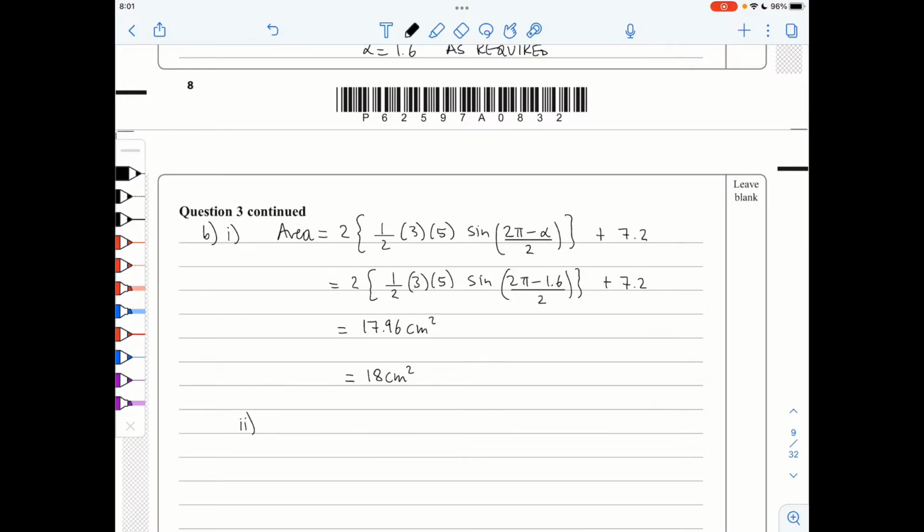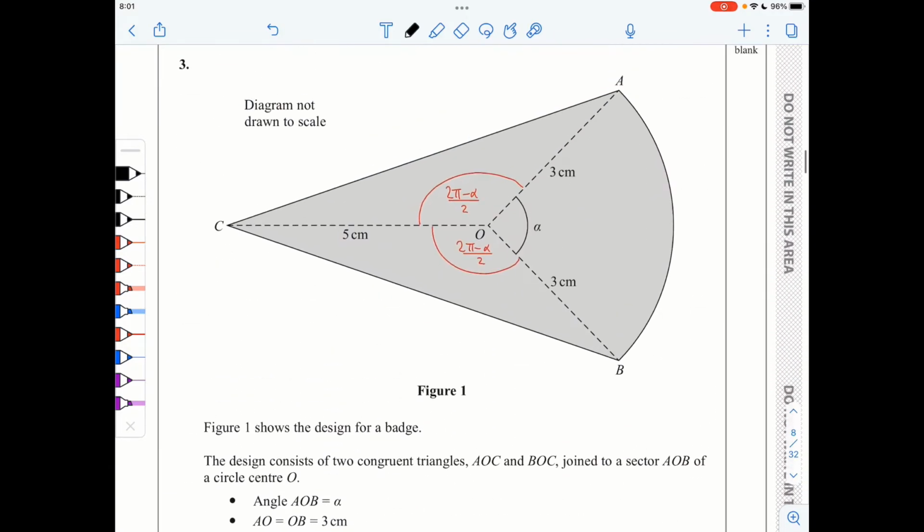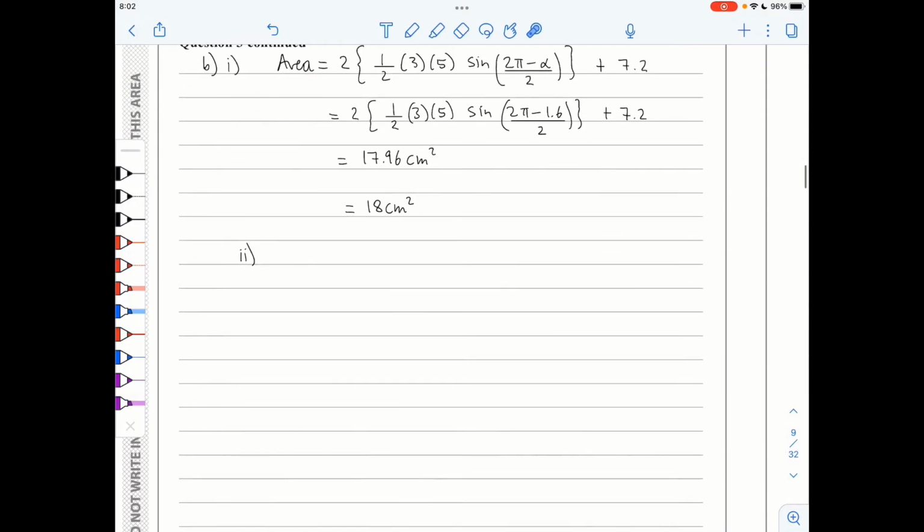Now for the perimeter, I need to find the length of the arc, and then AC, which I will double because CB is also the same length. I will be using the formula for the length of an arc, r theta, to find AB, and I'll be using the cosine rule to find AC. So let's start with the arc AB, which is simply r theta.